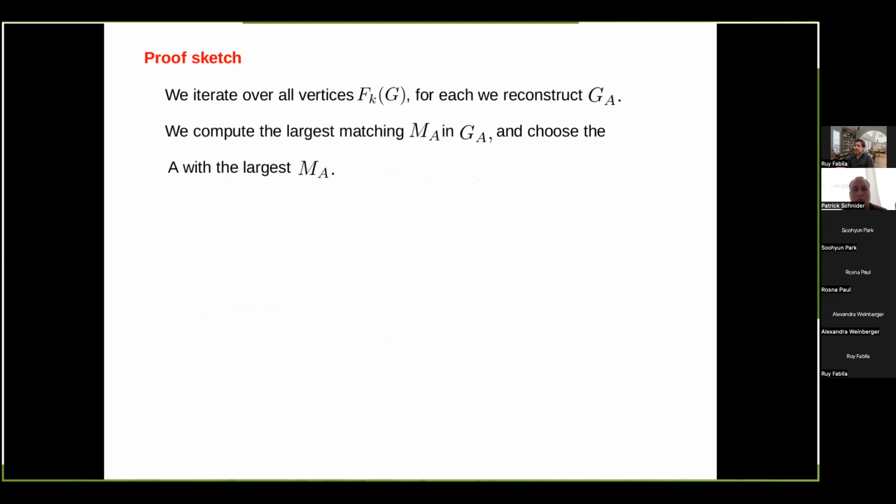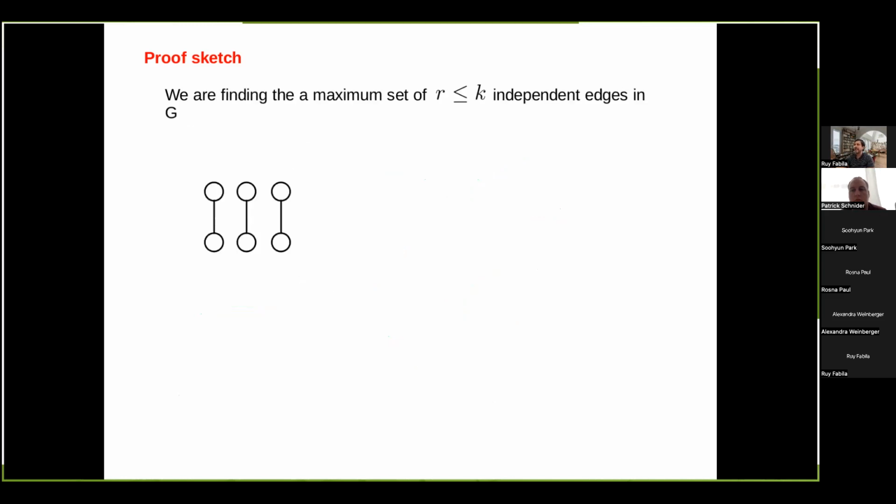And we choose A with the largest matching, okay? In this graph that I painted green. The largest matching is, if you think about it, the largest set of at most K independent edges in G, right? Whenever you find a set of, say, R, where R is the largest number of independent edges at most K, place one token in each of them and place the other tokens wherever you want.